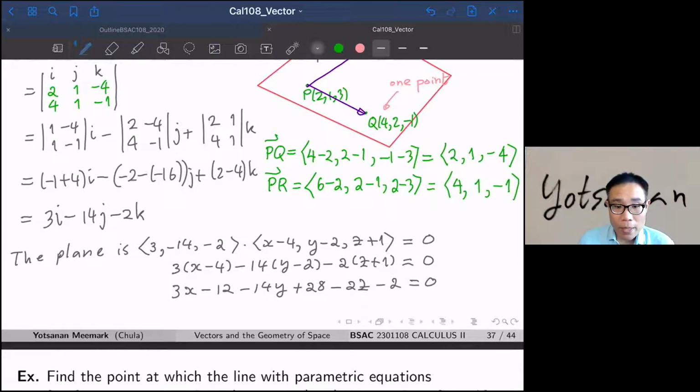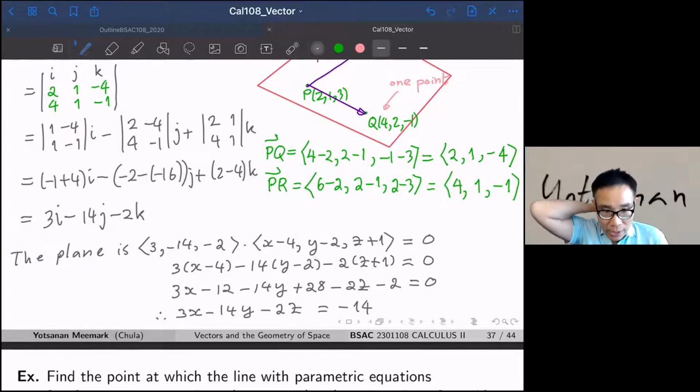Okay, so you get 3x minus 14y minus 2z equal to negative 14. That will be the equation of the plane that you're looking for.